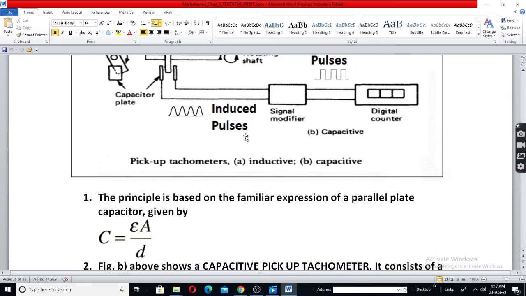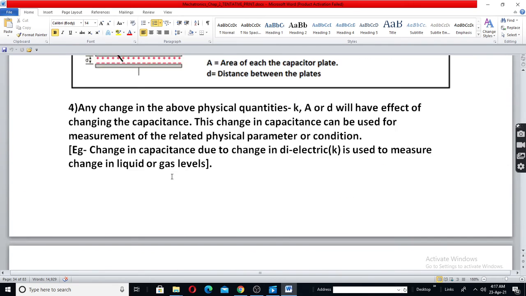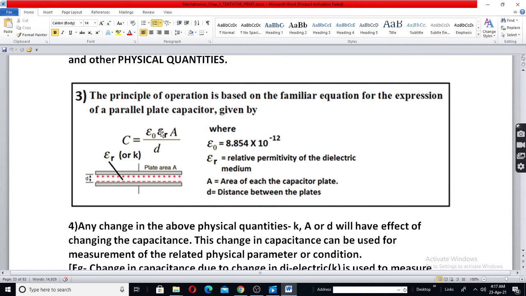There are other methods also. Here you are changing the value of epsilon r. If you move one plate away from the other plate, the capacitor value will change because d will change. Suppose you keep one plate fixed and slide the other plate to the right side.